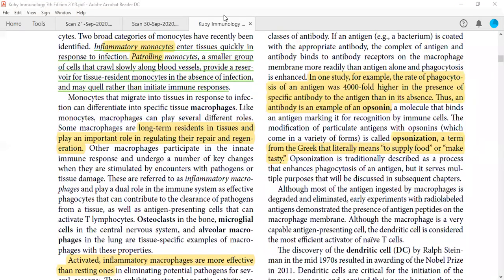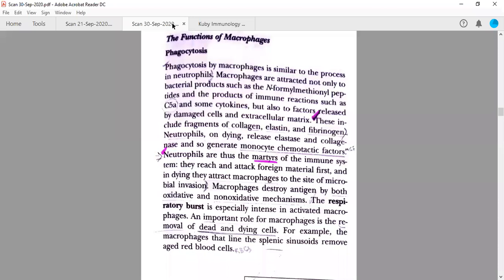All right. Now, this is quite interesting, why we have discussed neutrophils first and then we came to the macrophages, because neutrophils have one more function.